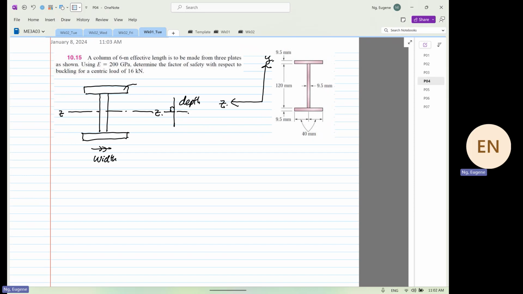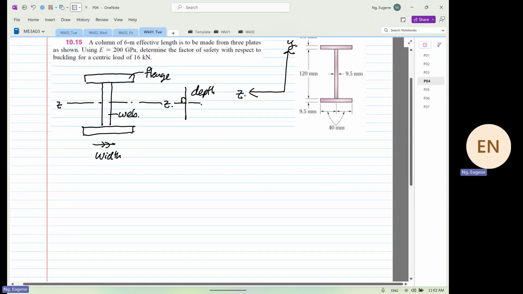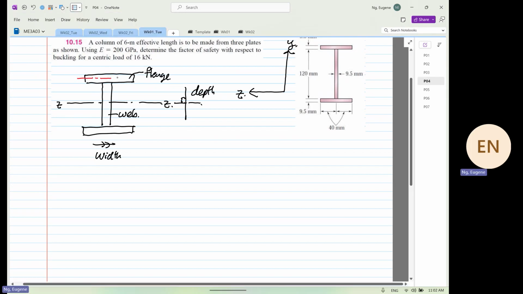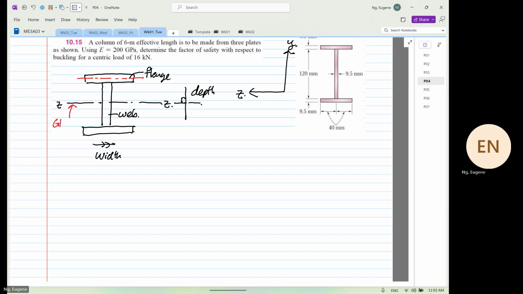If we address this as our flange, and this is our web, you have to be careful, because the centroid of the flange, which I'm going to draw in red, is offset from the global centroid. So this is our global centroid about the IZZ axis. This is the flange centroid.